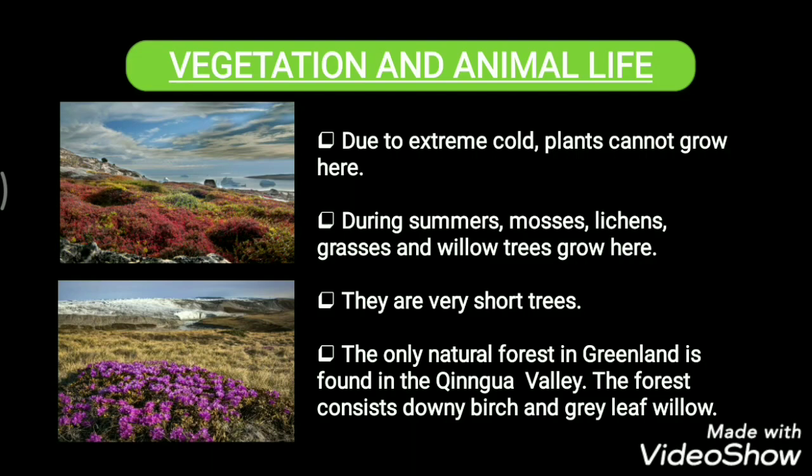The only natural forest in Greenland is found in the Qinngua Valley, and it consists of downy birch and grey-leaf willow. It doesn't consist of normal trees like those in our plain areas, so they do not consider it a mainstream forest.